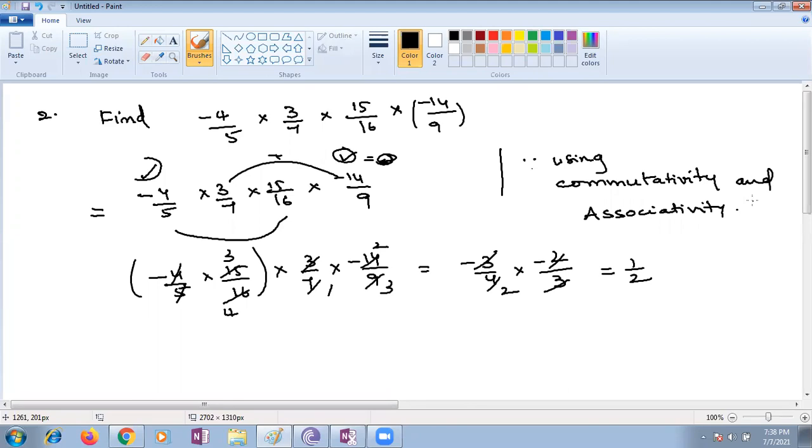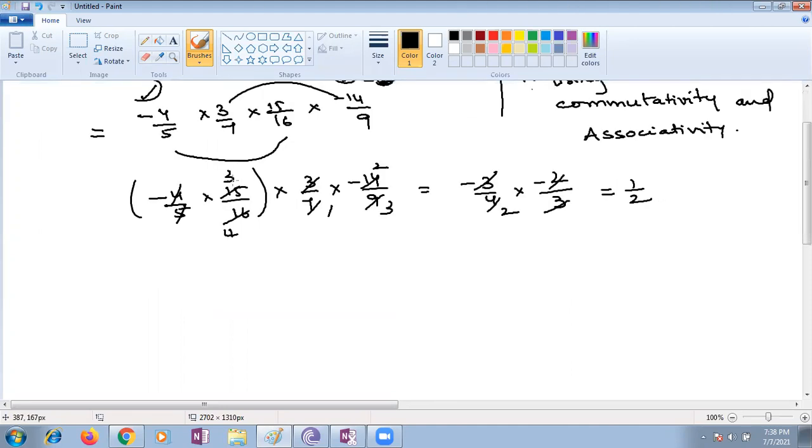Children, in the rational numbers, what is the additive identity? 0 or 1? Abhinav said 1. It's wrong, Abhinav. It is 0. Why? Additive means add.